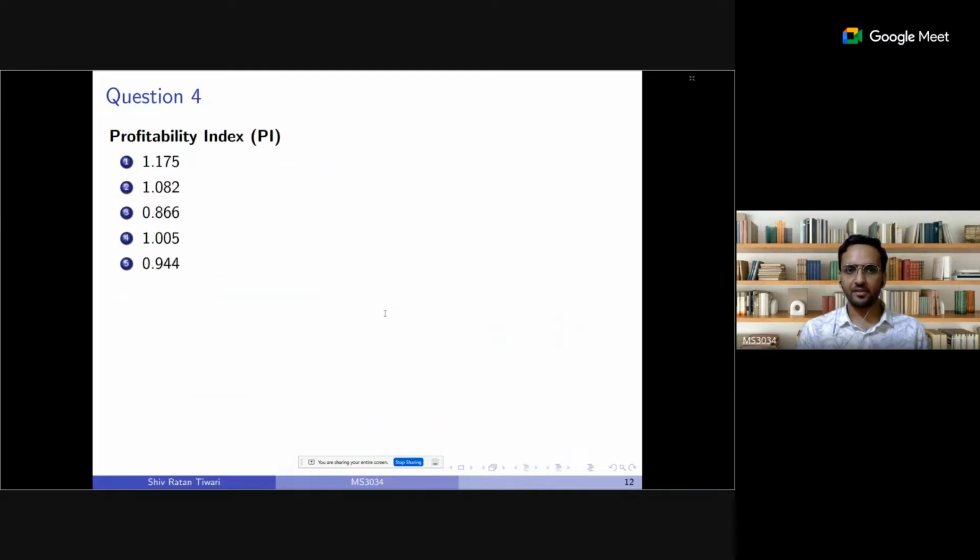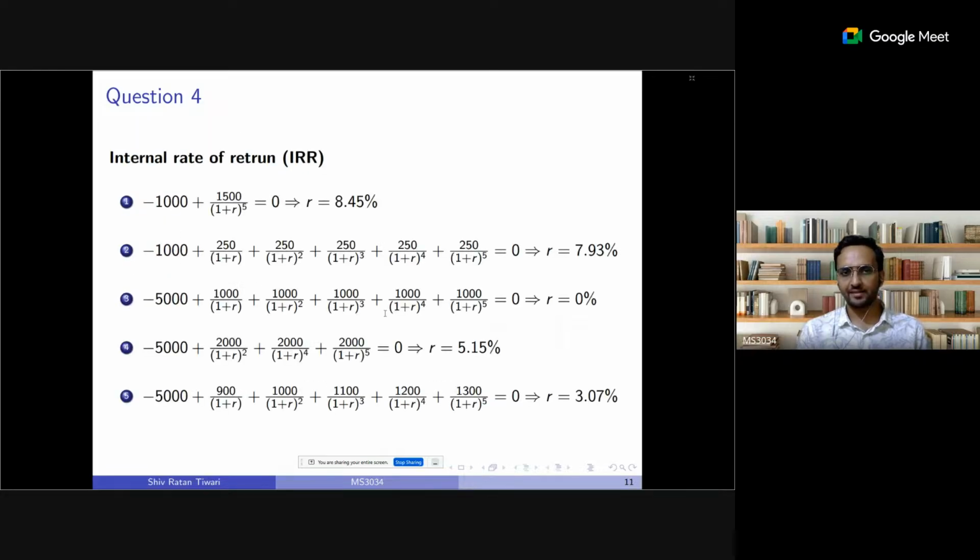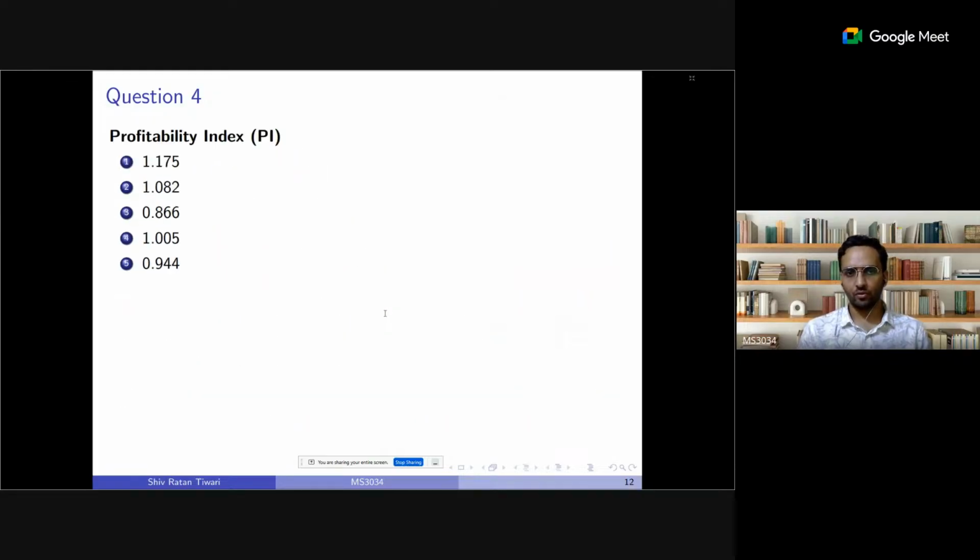Third capital budgeting rule is the profitability index. That is simply the ratio of the NPV and the initial cost. In this case also, my first project turns out to be the best one. Profitability index is only applied in cases where in the first period there is a cost and in later periods you get a positive cash flow.